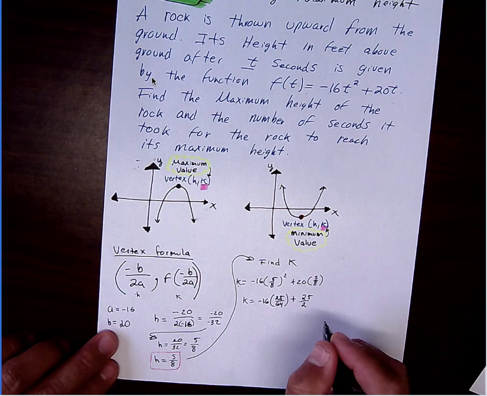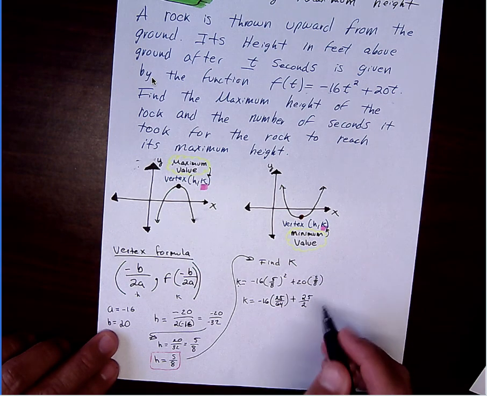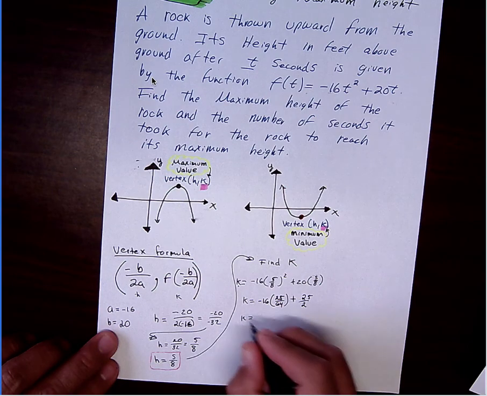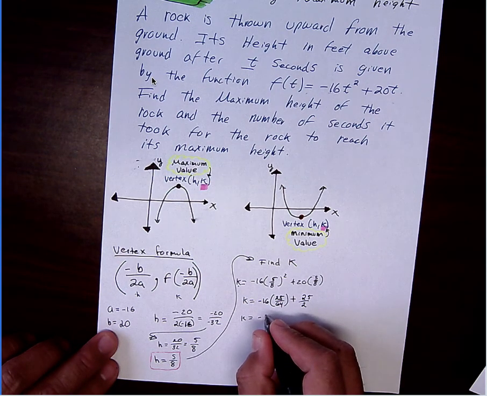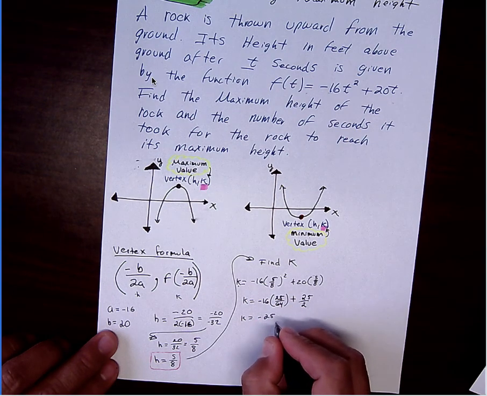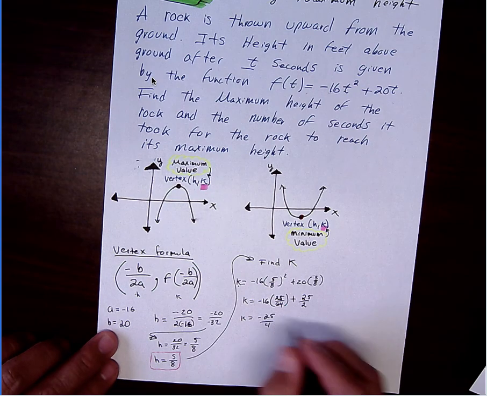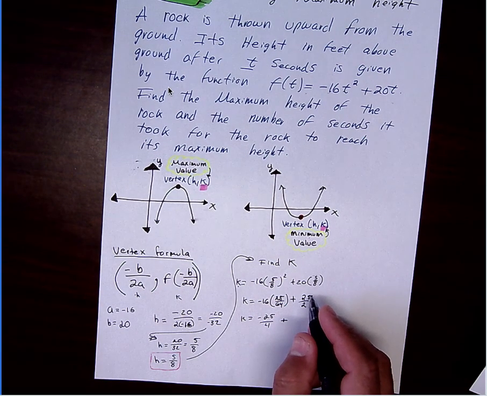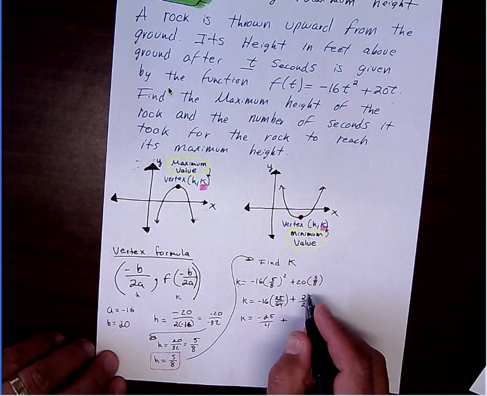So k would be negative 25 over 4, plus 50 over 4.